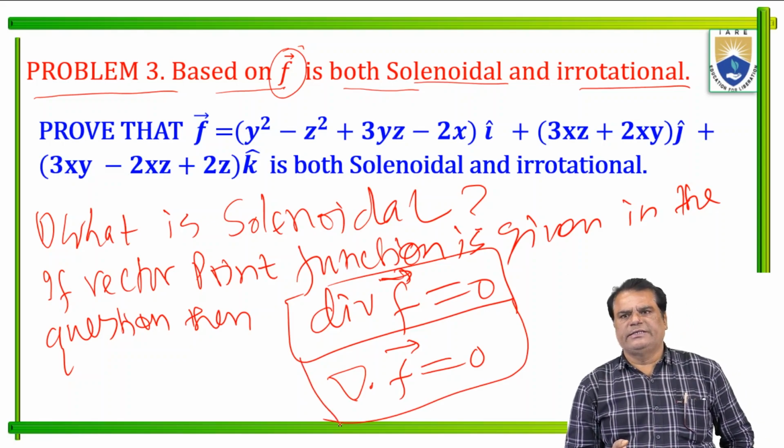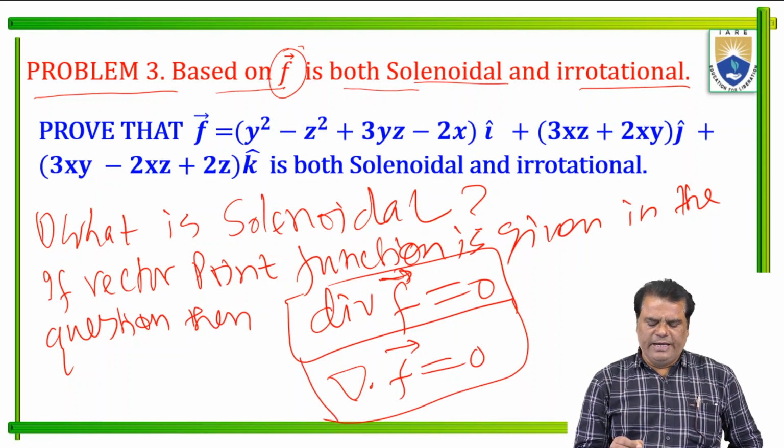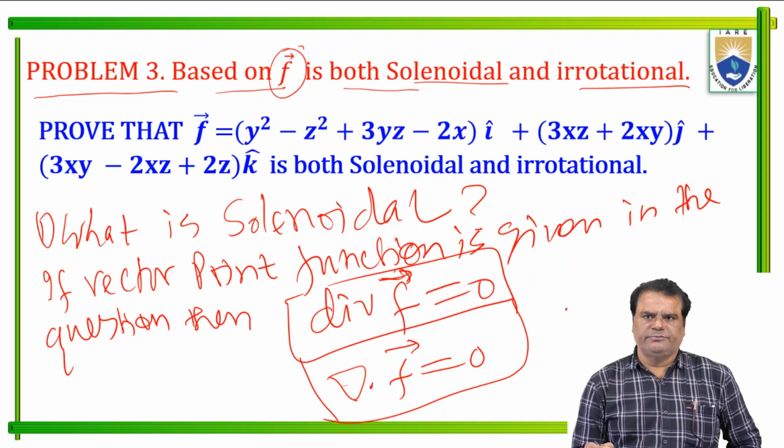We have already discussed this. So we find it by differentiating the vector point function with respect to the three variables.